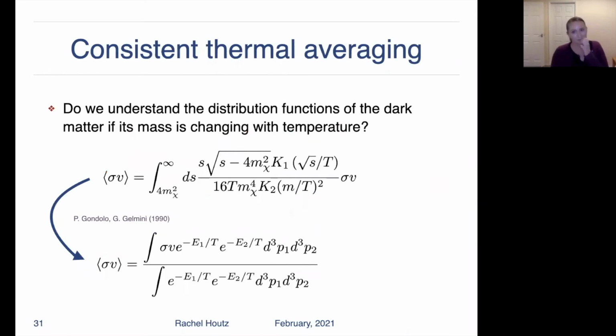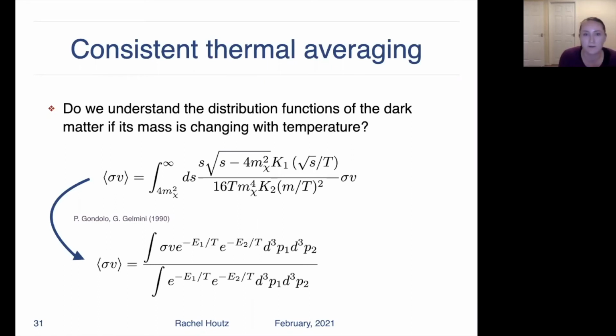But there's another problem with thermal averaging. That was the practical issue. But there's also the issue of: are we doing this correctly in the situation where our dark matter mass is temperature dependent? Do we know that we understand the momentum distribution functions throughout the entirety of the phase transition?